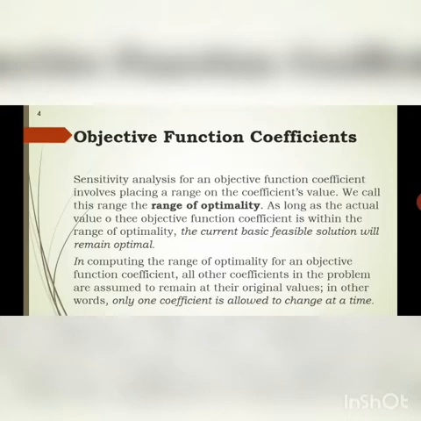In computing the range of optimality for an objective function coefficient, all other coefficients in the problem are assumed to remain at their original values. In other words, only one coefficient is allowed to change at a time.